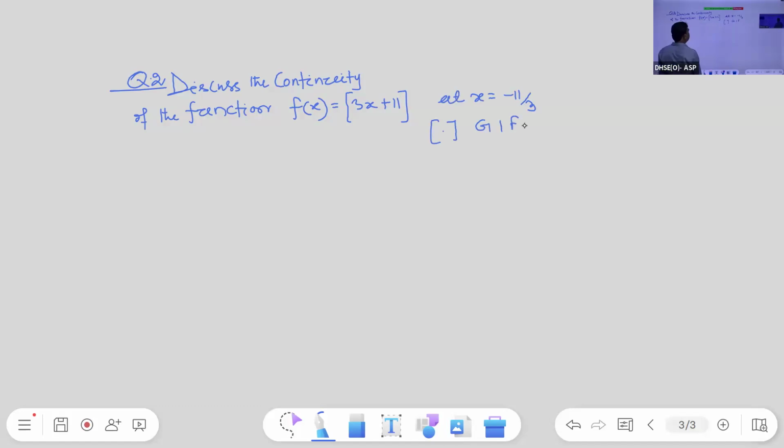We have to discuss the continuity of the function f of x equals bracket 3x plus 11 at x equals minus 11 by 3.